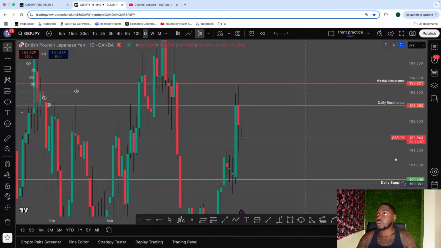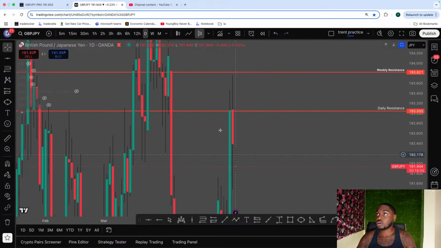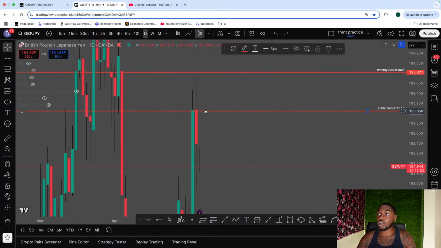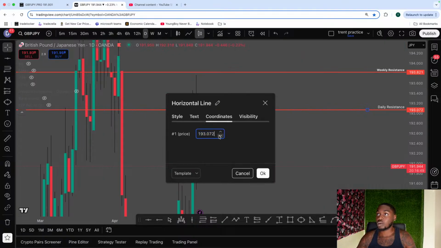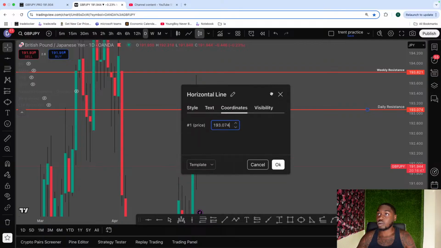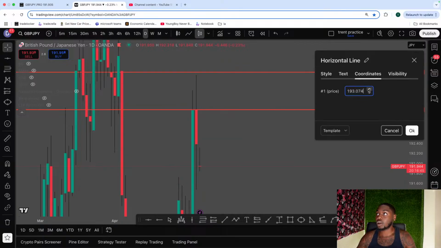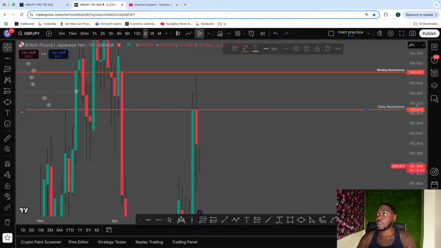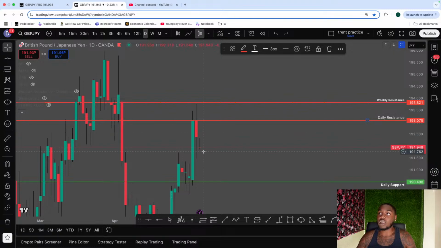Daily resistance at 193.75. And although we didn't get a significant push from this level, it is something to be aware about, because this is where price basically slowed down. The buyers were in, and then when the price opened, price pushed up and then came pretty much right back down.